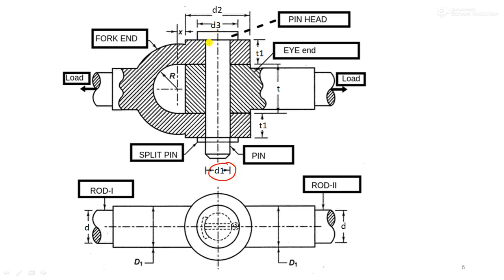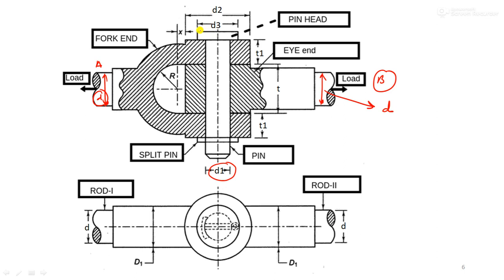Then next let us consider the diameter of the rod, that is rod B obviously, and the rod A, as D. So diameter of the rod we will consider as D. These are nothing but dimensions we are assuming to design. So D is nothing but a diameter of the rod, right?